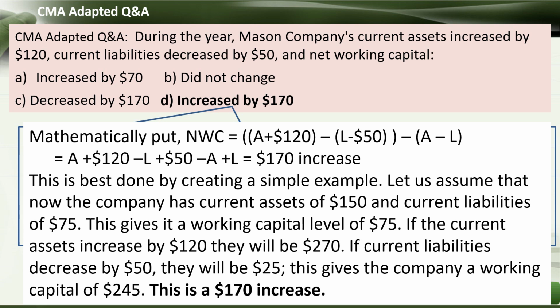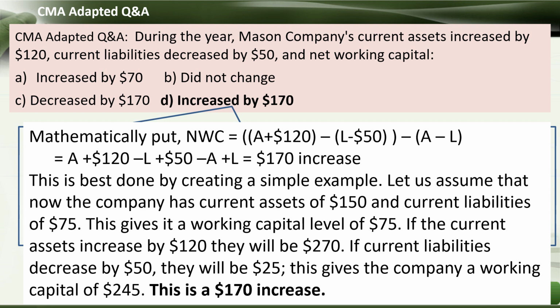Let us assume that the company has current assets of $150 and current liabilities of 75, whatever figure we can have. This gives a working capital level of 75, the difference. If the current assets increase by 120, they become 150 plus 120, which is 270.